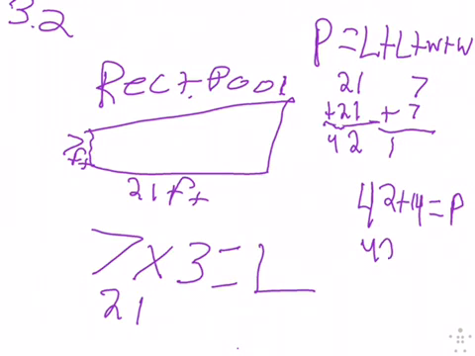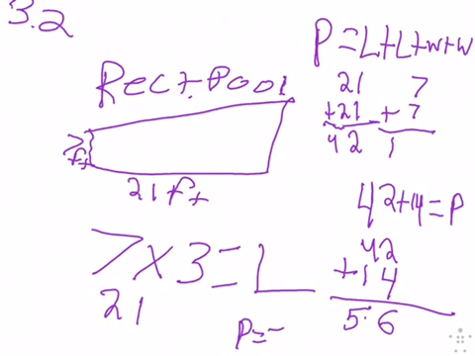All right, so 42 plus 14 adds up to what? Well, 4 plus 2 is 6, and 4 plus 1 is 5. So P equals 56, and then we label it with feet.